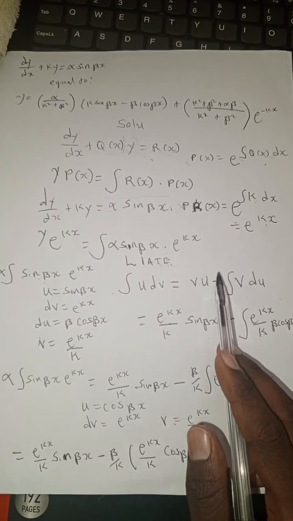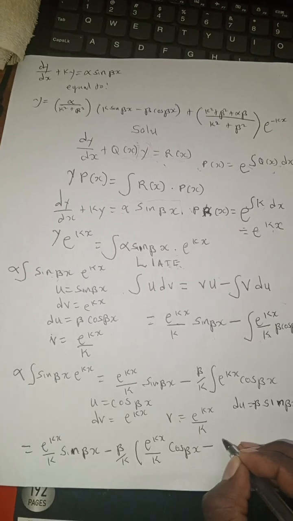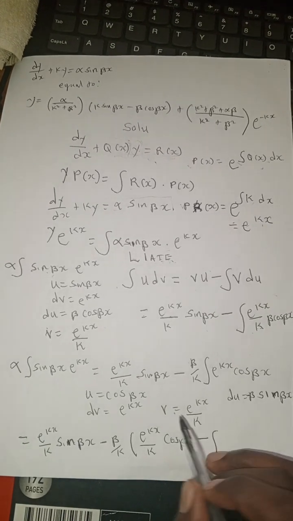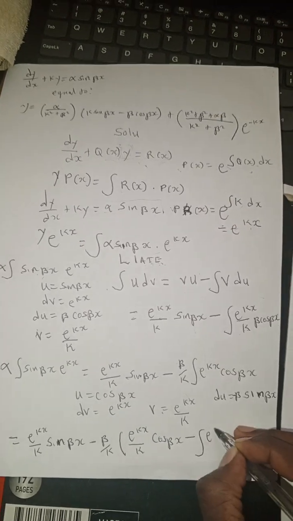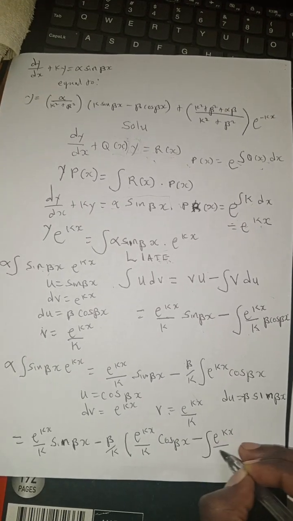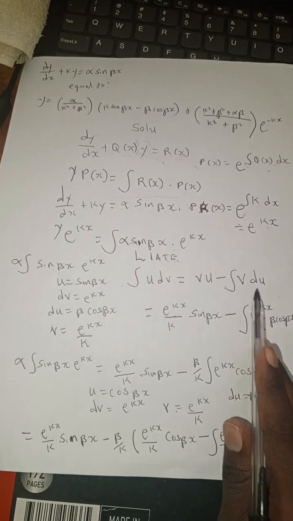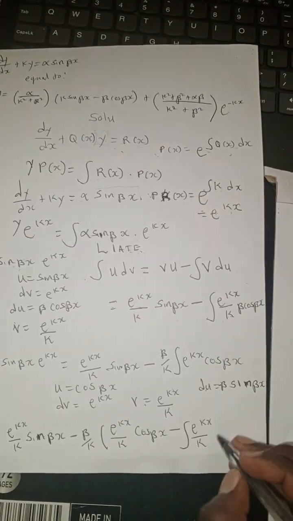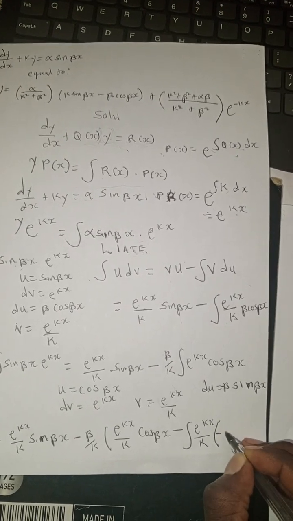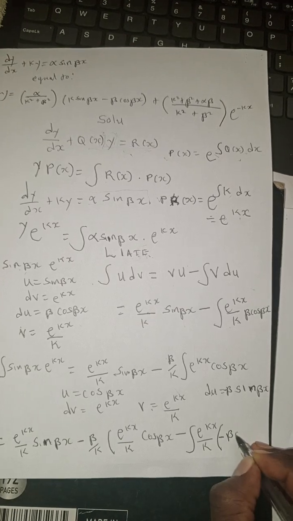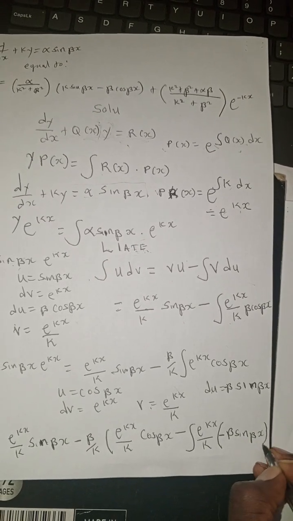Then we subtract, which is minus the integral of, now what is v? V is this, which is e^kx over k, then du, which is this, negative, so this is multiplication by beta sine beta x.